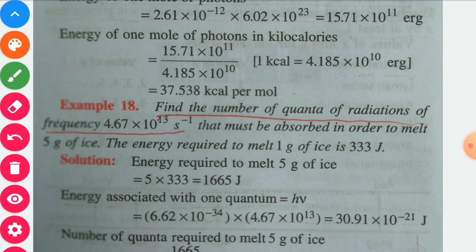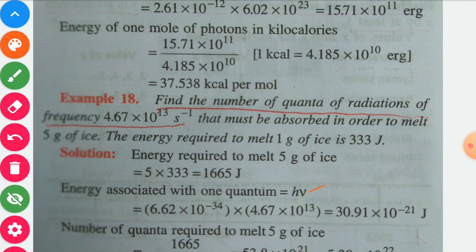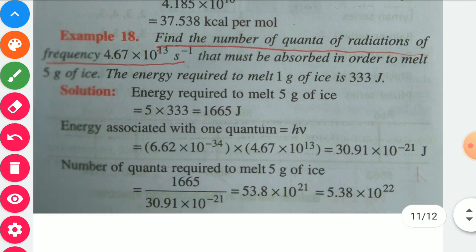Energy associated with one quantum is h nu, which you already know. On putting the values, h is 6.62 into 10 power minus 34 joule second, and nu is given in the question as 4.67 into 10 power 13 per second. So on solving, it will be 30.91 into 10 power minus 21 joule. To find the number of quanta required to melt 5 gram of ice, we divide 1665 by the energy of h nu, so 1665 upon 30.91 into 10 power minus 21.